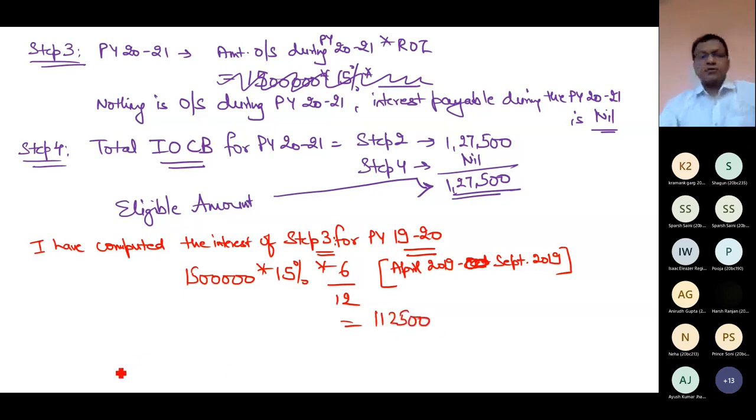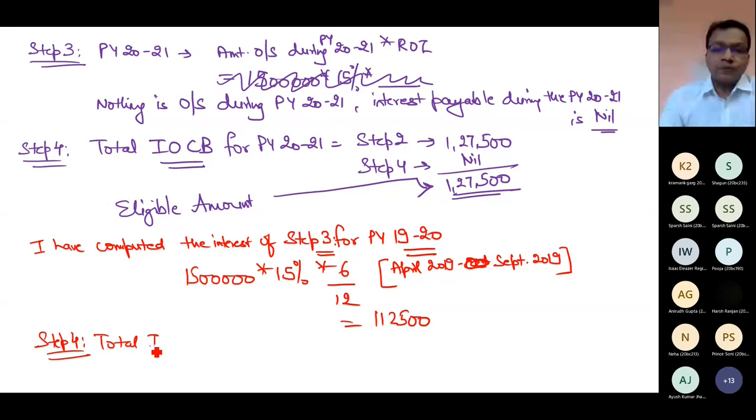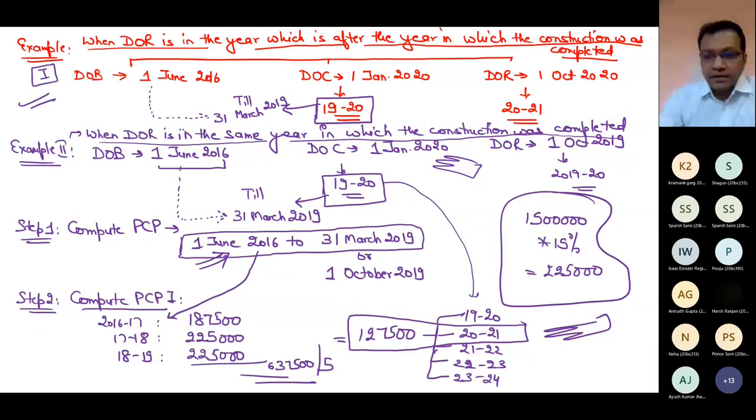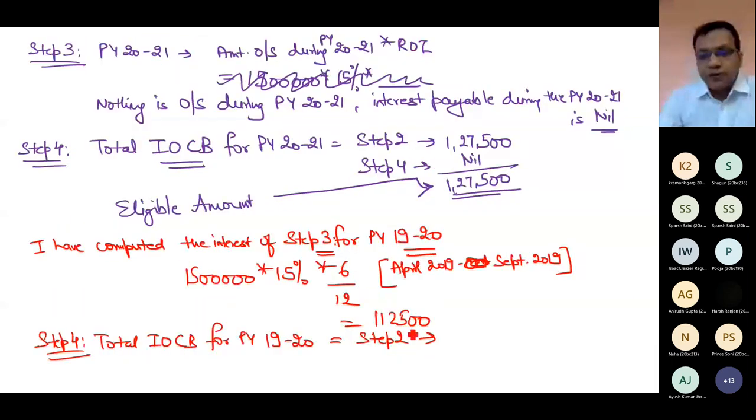And when I computed this step 4, total interest on capital borrowed for which previous year? For 1920, my answer would have been what? For step 2, what was 1920? In 1920, step 2 value was 127,500.